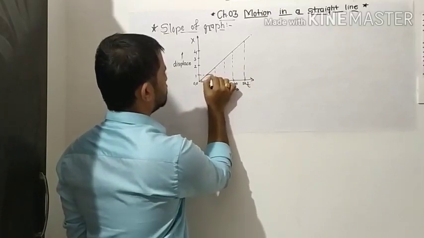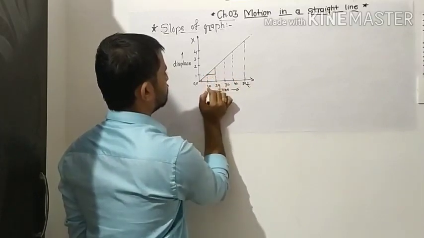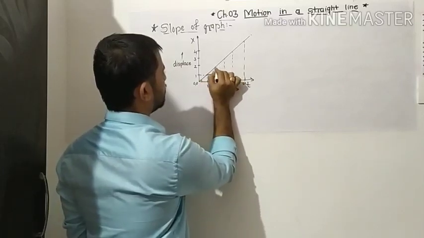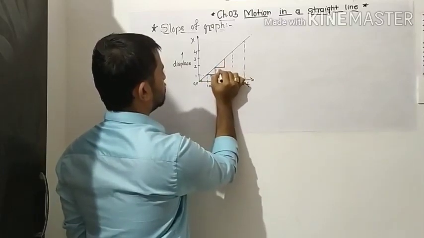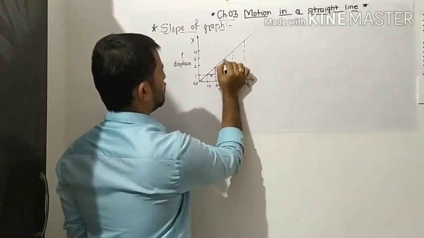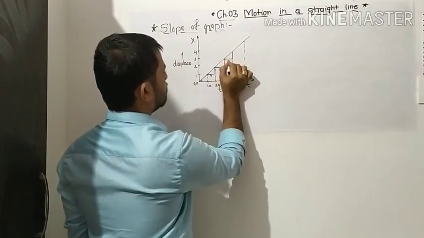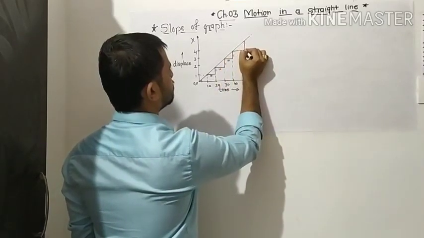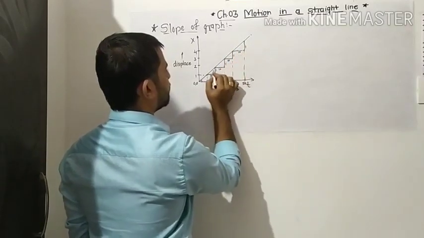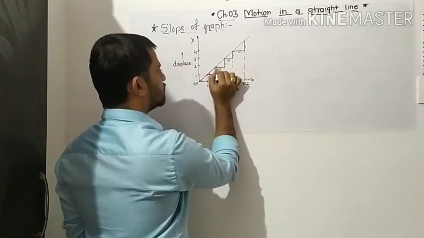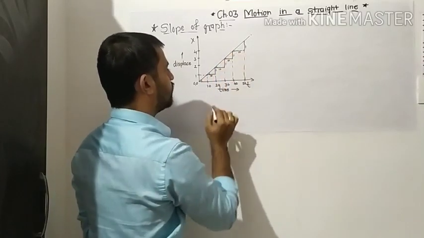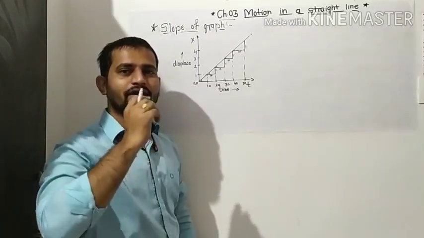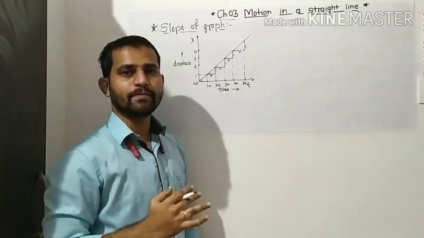How much is this? It is 10, and this is 1. Again at this point it is 10 and this is 1. Again at this point it is 10 and it is 1. So if we find the slope at each and every coordinate, we come to know that the slope at each and every coordinate is the same.